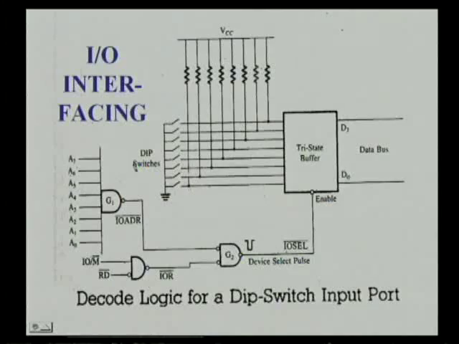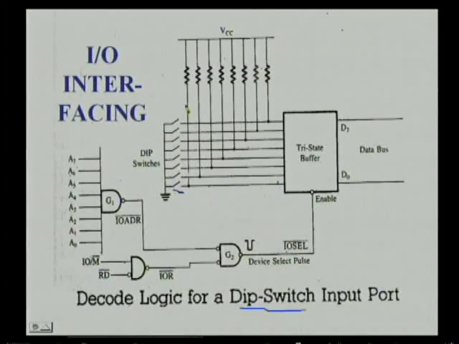Let us see this here. This is decode logic for a dual inline package switch input port. So these are the switches connected to the data bus through a tri-state buffer. Here you can see when the switch is open, for example, take this D0 switch, the last switch, if this is open, VCC is connected to this particular line, hence D0 status will be high, that is 1.